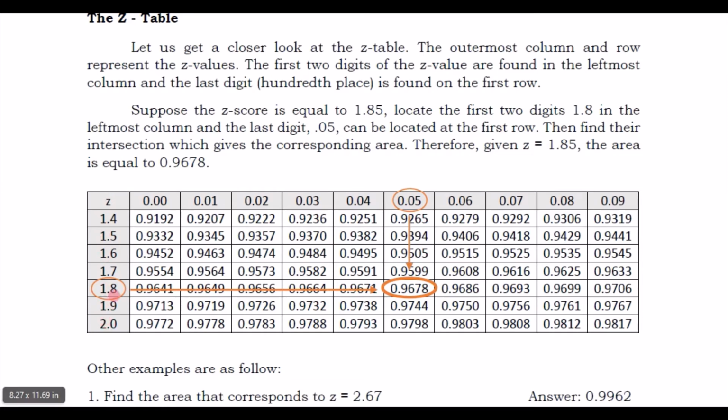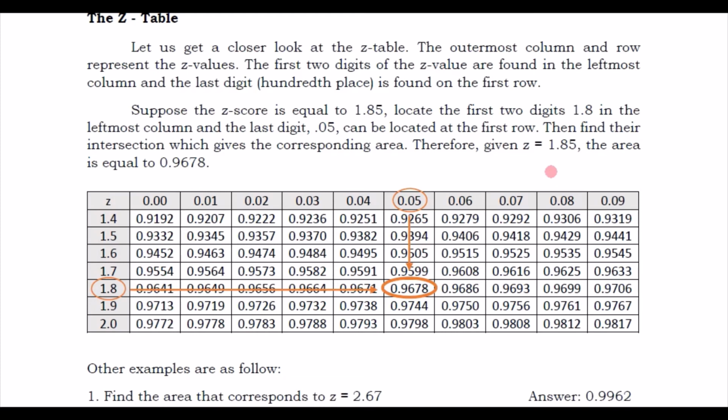So, here is an example of the point of the standard deviation or the z-score. Let us have 1.85 as the z-score. Ang sabi dito, hanapin daw natin yung area ng 1.85. Ibig sabihin, from 0 to 1.85.